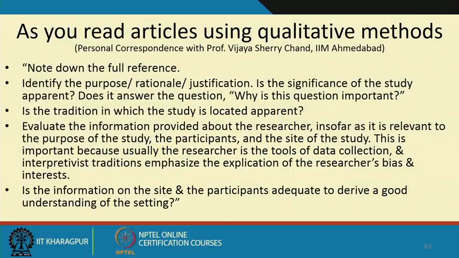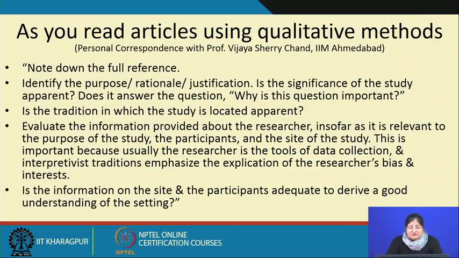A good qualitative researcher dances between his or her own interaction with the data and its influence on the data itself, and being an objective researcher observing things completely divorced from the situation. That happens in qualitative research.